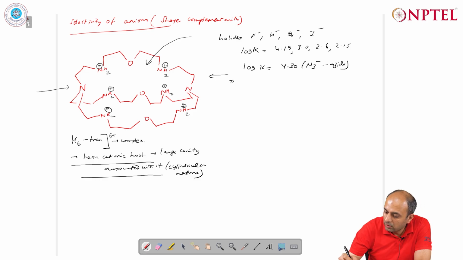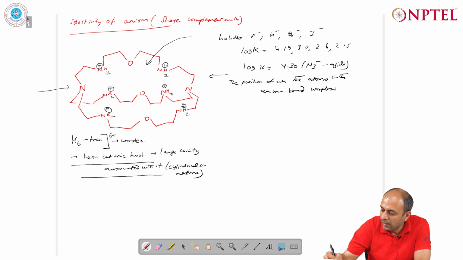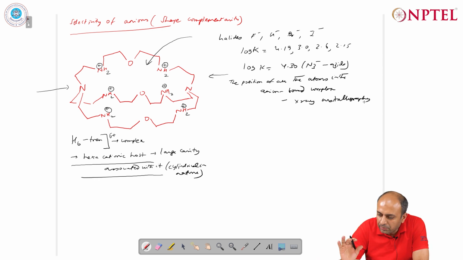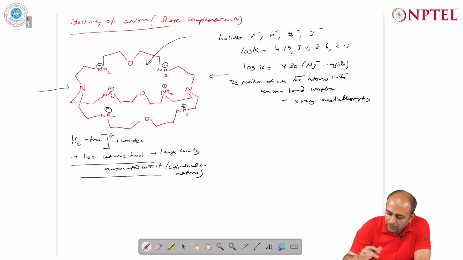And the position of all the atoms in the anion bound complex has been determined by X-ray crystallography. So X-ray crystal structures have been determined for all the anionic complexes which are bound with this particular H6 tren complex.